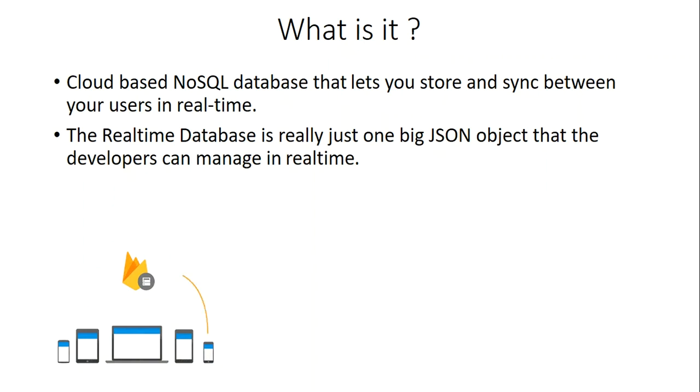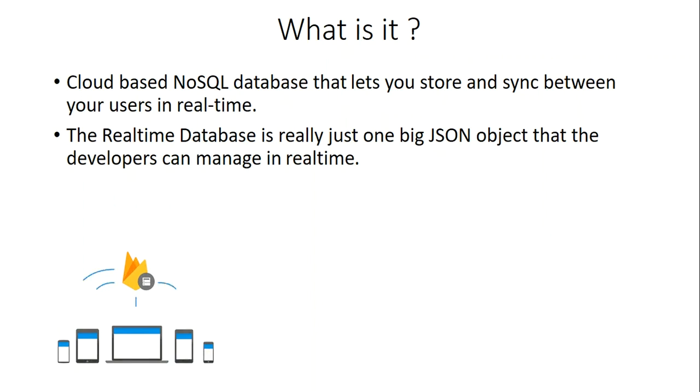So what is it? It's just a really big JSON object. JSON stands for JavaScript Object Notation. It's a very popular format on the server that developers can manage in real time. That's why Firebase Realtime Database is popular.